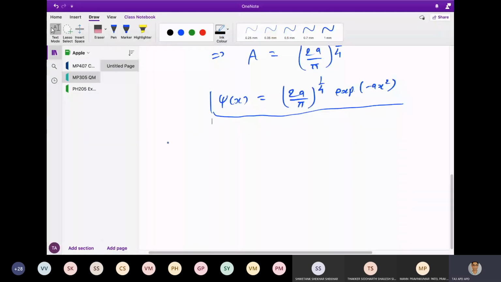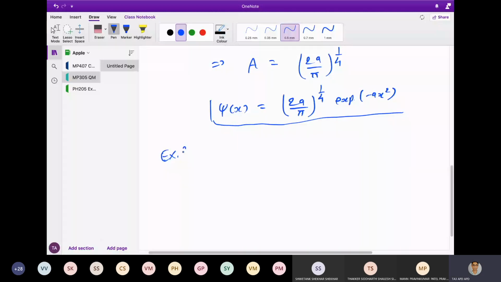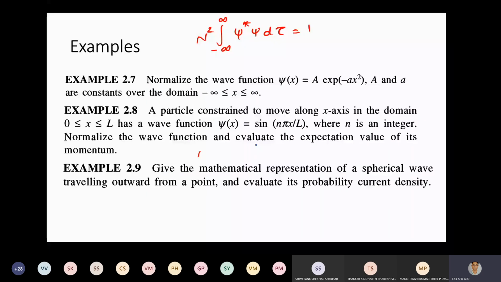So now you have the integral from 0 to L of psi star psi, again in one dimension, dx times N squared, equal to 1. So this is going to be N squared integral 0 to L of psi star psi. Again, it is only a real function, it does not have any imaginary part. So if you take the complex conjugate, it will be the same function.